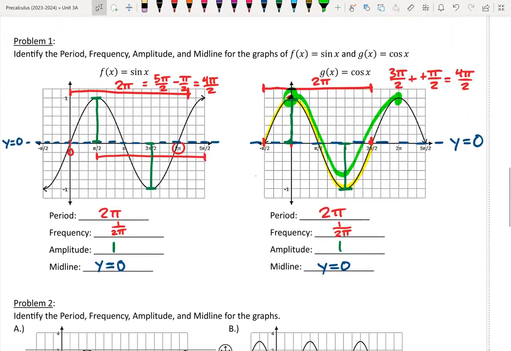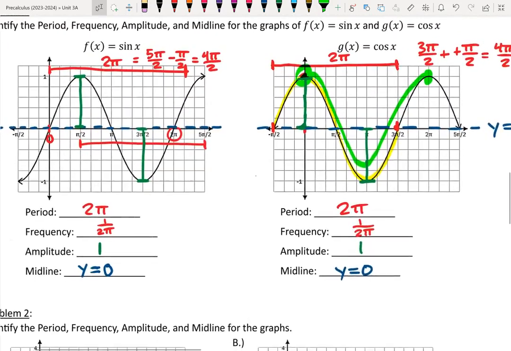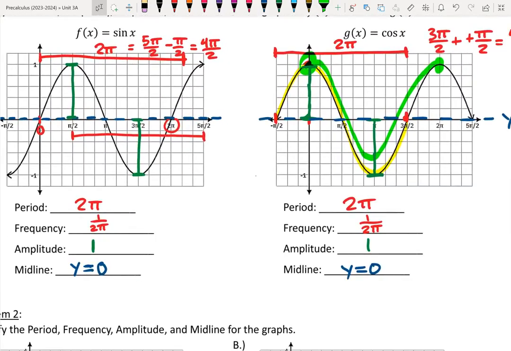Is everybody good with sine and cosine? What did we notice about their characteristics? They're exactly the same, right? They share the same exact characteristics. Sine and cosine have the same period of 2 pi. Their frequency is the same. Their amplitude is the same. Their midline is the same.